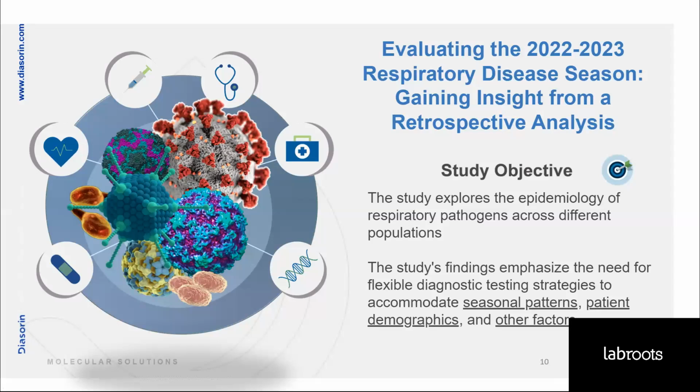So knowing now all the unique challenges associated with respiratory testing and the importance of diagnostic stewardship, we recently conducted a retrospective analysis evaluating the 2022 and 2023 respiratory disease season. Our goal was to examine the impact of seasonality and patient demographics, while at the same time trying to evaluate the benefits of having a flexible and customizable diagnostic respiratory syndromic panel.